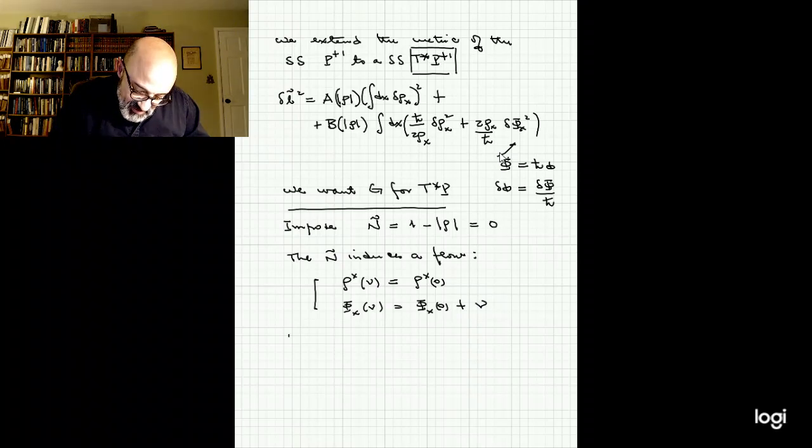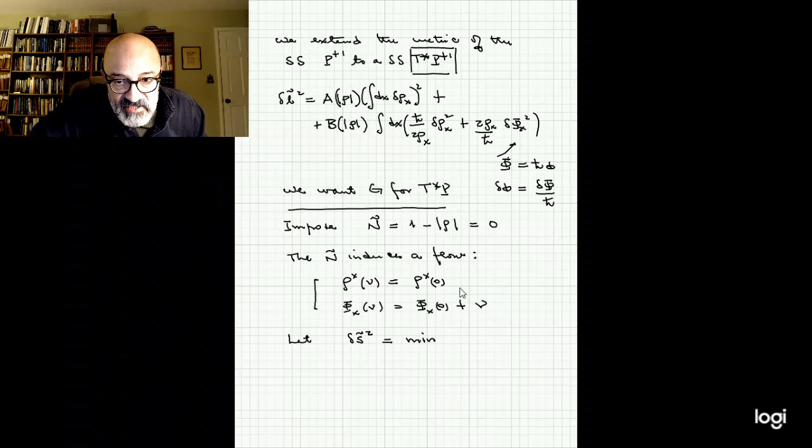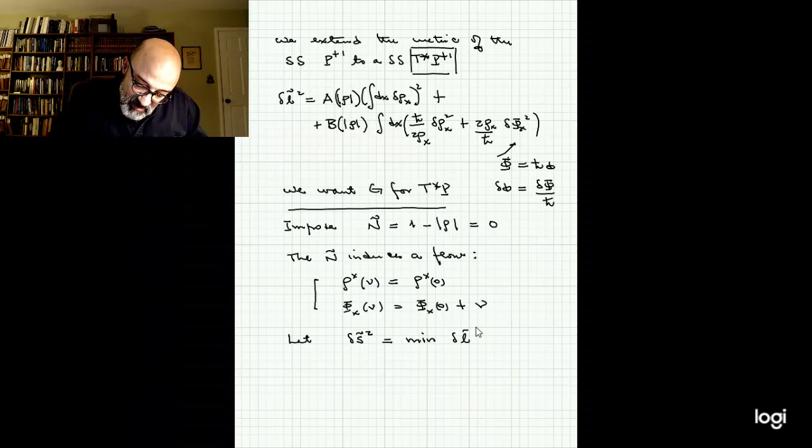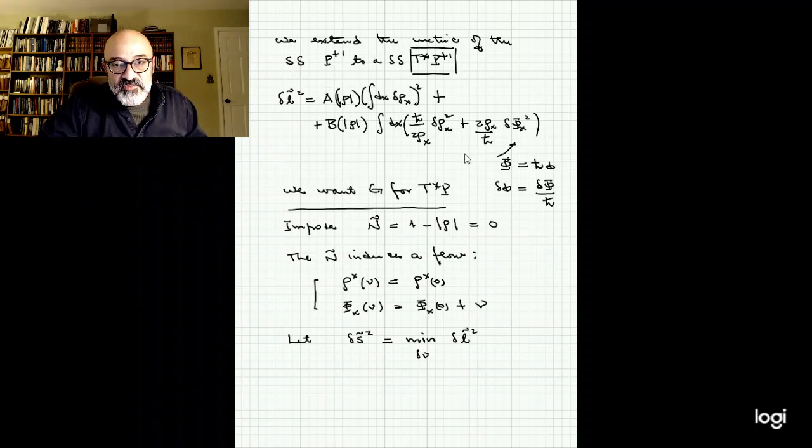Define the metric for this cotangent bundle as being the minimum when in this equation you minimize by varying over the change in nu that would appear here.